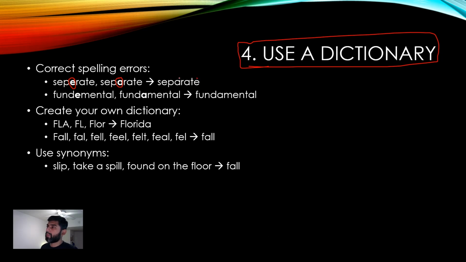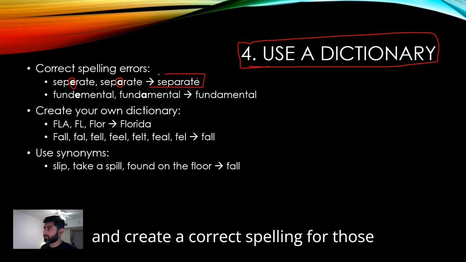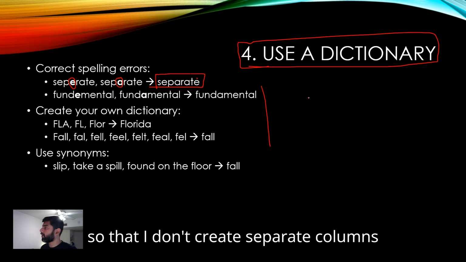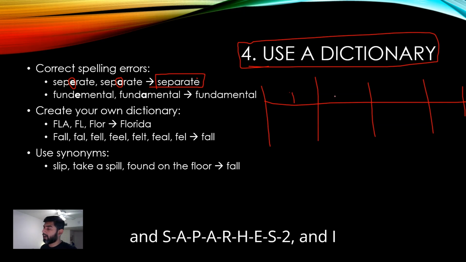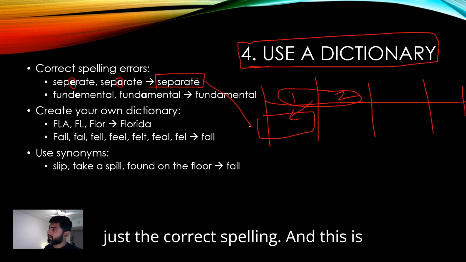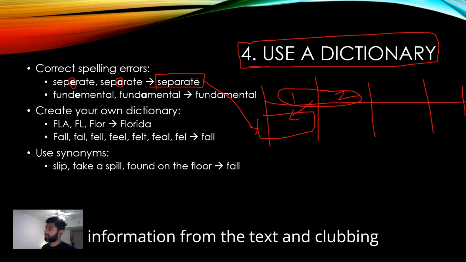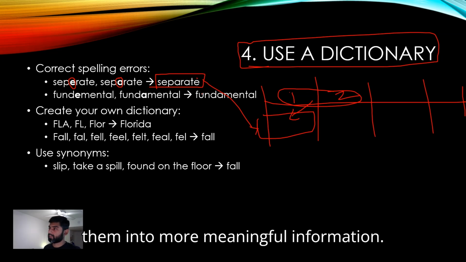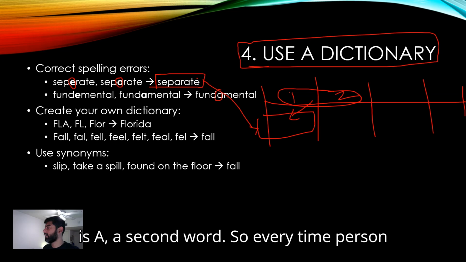So I bunch all those common errors together and create a correct spelling for them, so that I don't create separate columns for each variant, and I combine them into a single word that is just the correct spelling. This is part of text mining. I'm mining information from the text and clubbing it into more meaningful information. For example, fundamental misspelled with an E or an A becomes fundamental with the correct spelling.